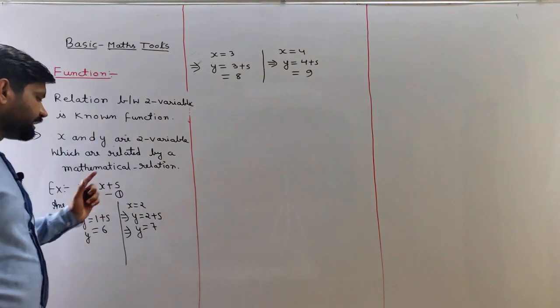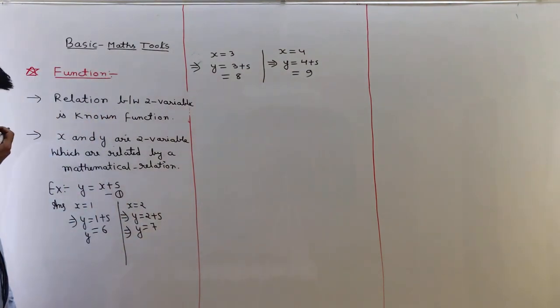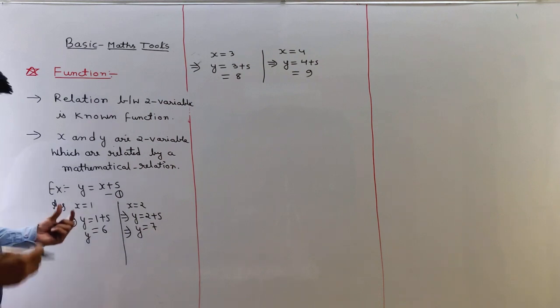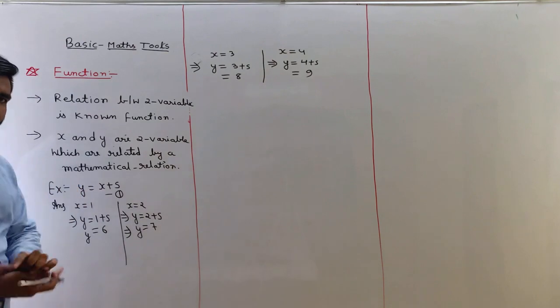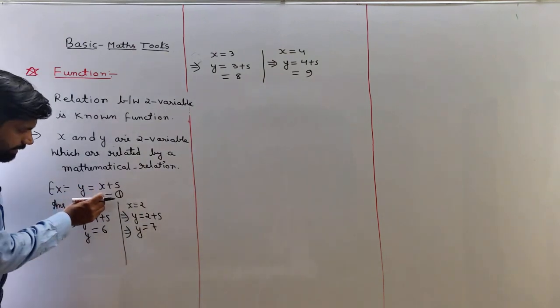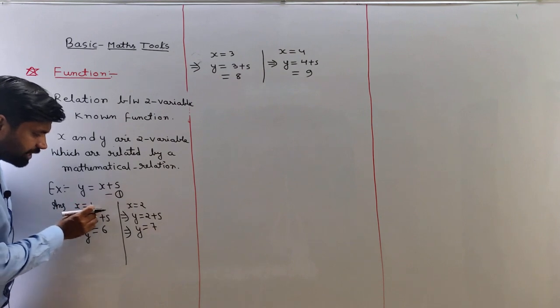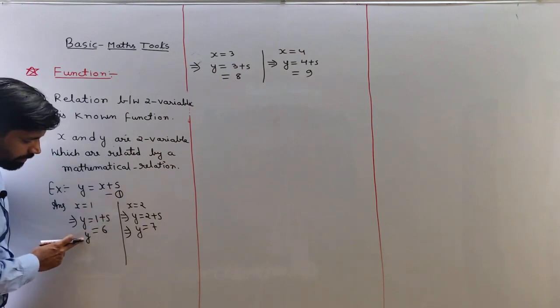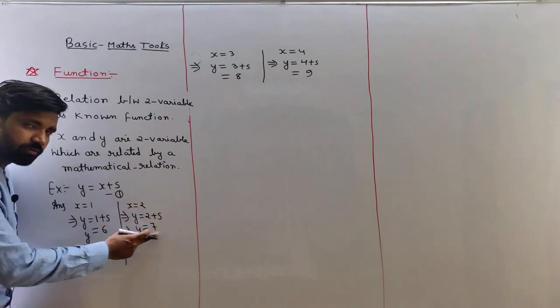So in all these examples, we see that x is a variable, y is also a variable. But understand that if we put x is equal to 1, then y is equal to 6. If x is equal to 2, then y is equal to 7.